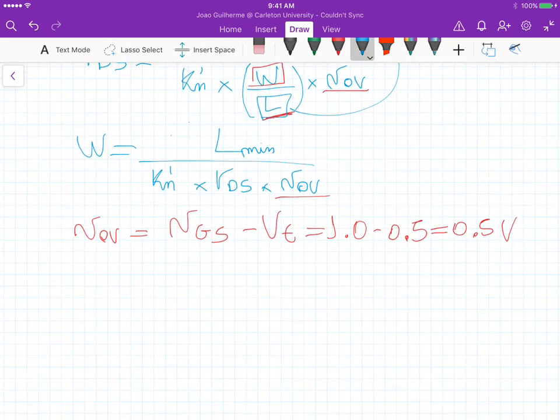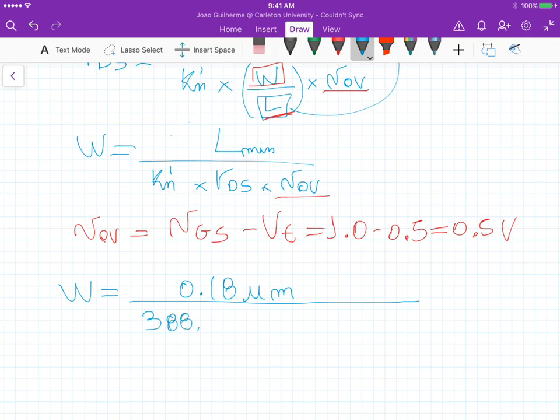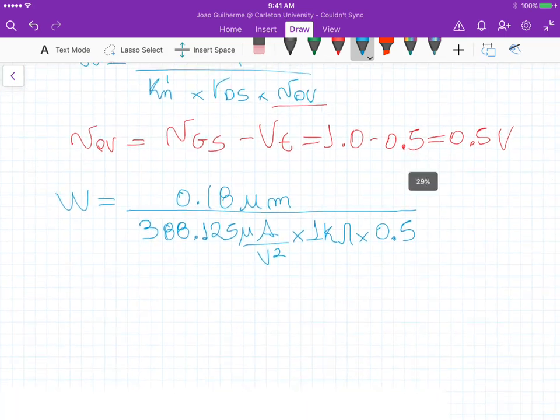If we substitute those values in the equation for the width, we get 0.18 micrometers divided by 388.125 microampere per square volt, times the resistance, so 1k ohm, times the overdrive voltage 0.5.